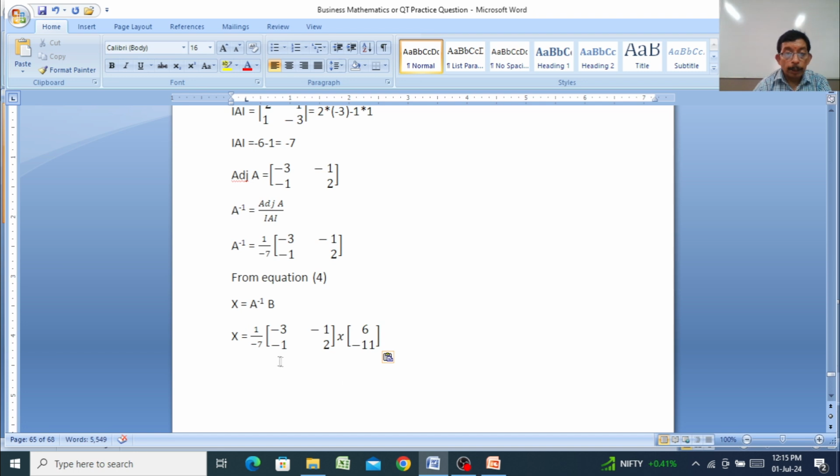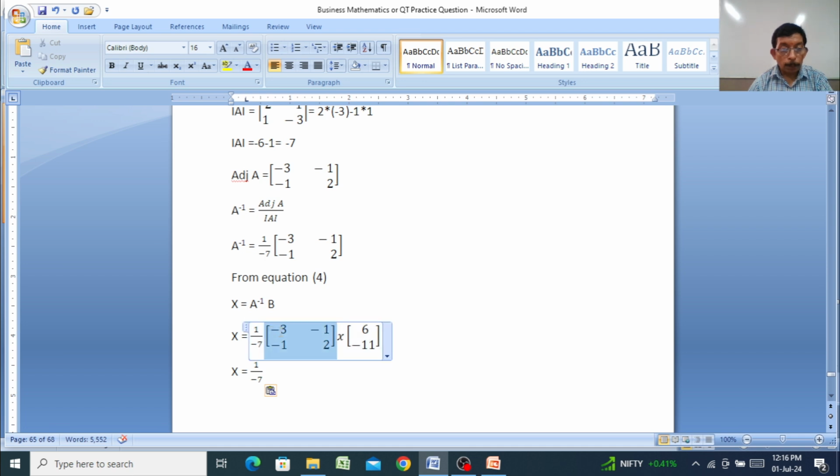Now we simplify this matrix multiplication in the next step. X is equal to 1 upon minus 7.